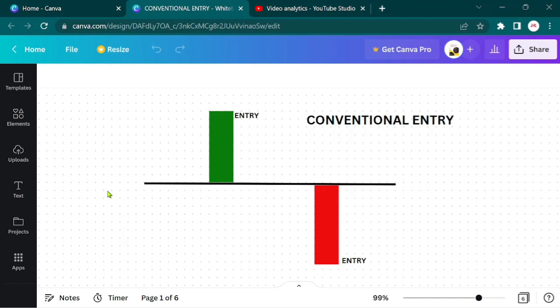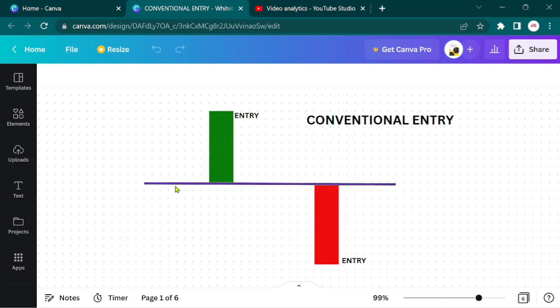Based on CPR, support, resistance, or supply demand zone, or anything, we take entry only when the particular line is broken. Consider this as a previous day high, previous day low, or any other support, resistance, an important line. When this line is broken on the upside, we go and take entry.